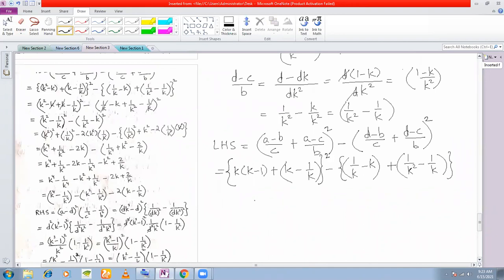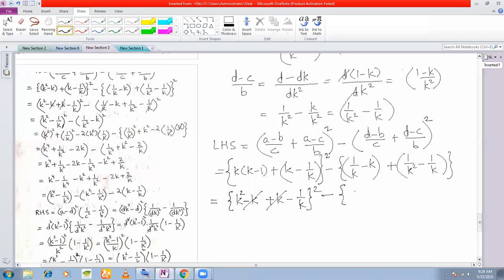Okay. Now you simplify what is there within the brackets. K square minus k plus k minus 1 by k whole square. What happens here? Plus k minus k cancel. You open the brackets within, right?